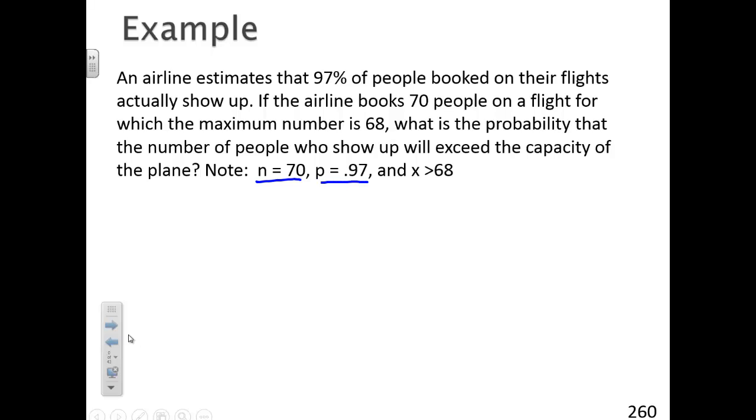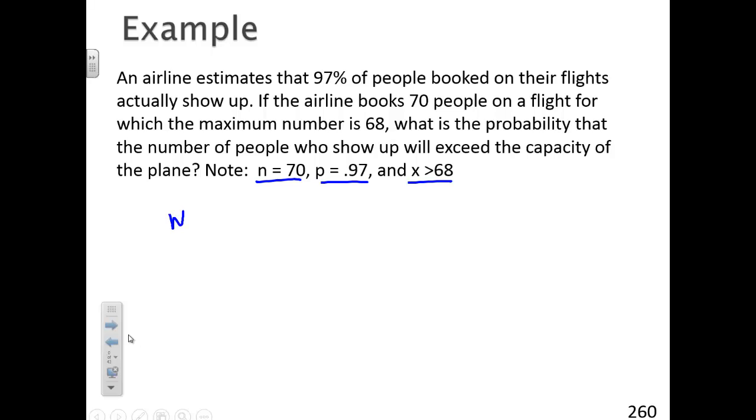We want to know the probability that it will exceed capacity. If the plane holds 68 people, exceeding capacity means that more than 68 showed up. So x is greater than 68. That would be that 69 showed up or 70 showed up.